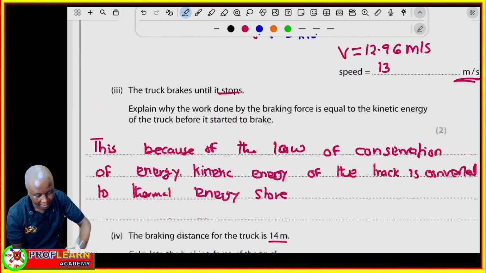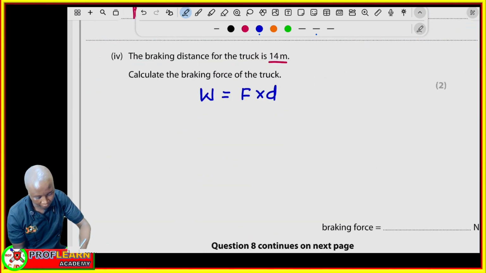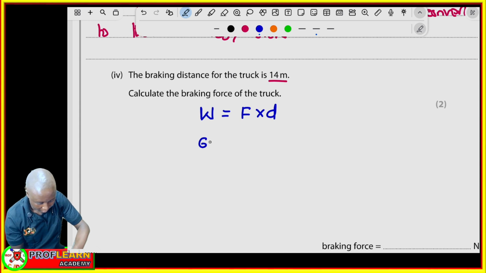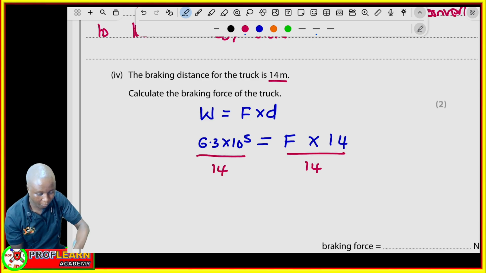The kinetic energy was 6.3 times 10 raised to the power 5, so 6.3 times 10 raised to the power 5 is equal to the force times the distance, which is 14. So we can divide by 14.